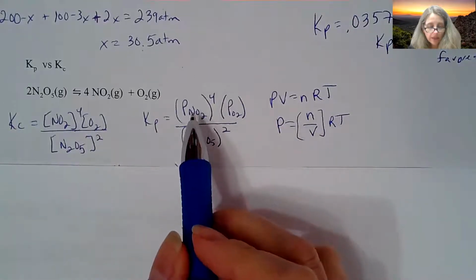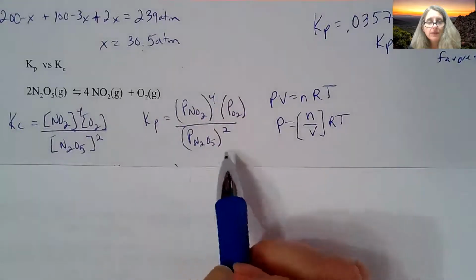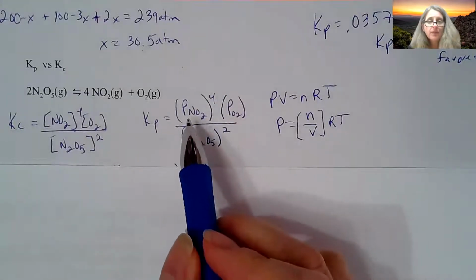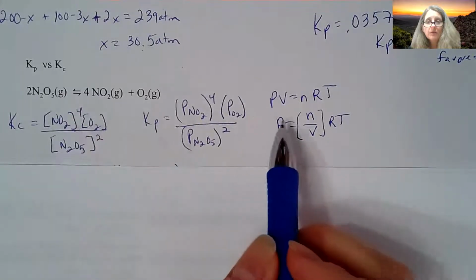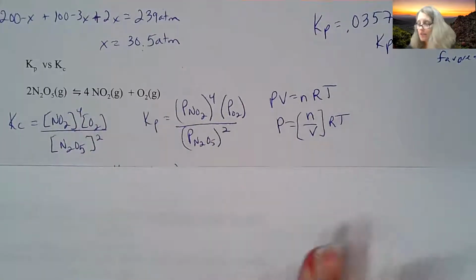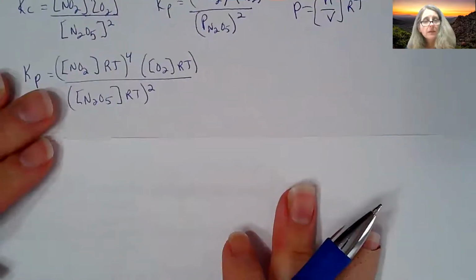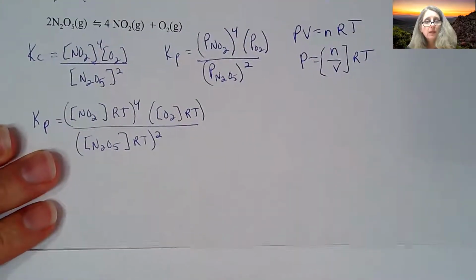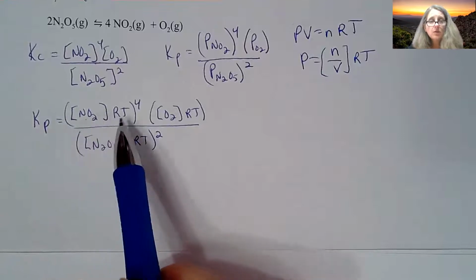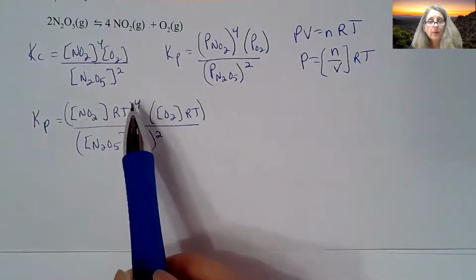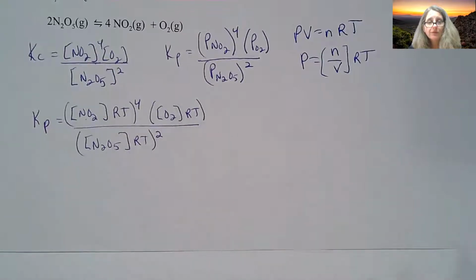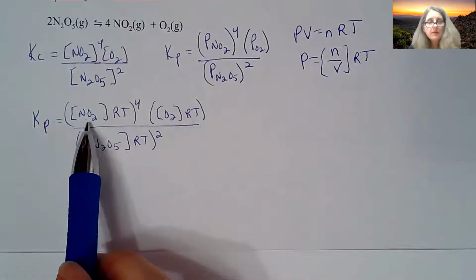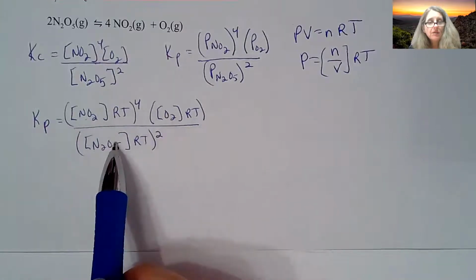So what I could do is take this expression of the Kp and plug in the concentration values multiplied by RT. That's what you're going to see next in my notes. So what I have is NO2 times RT to the power of 4, the whole thing, times O2, over N2O5.